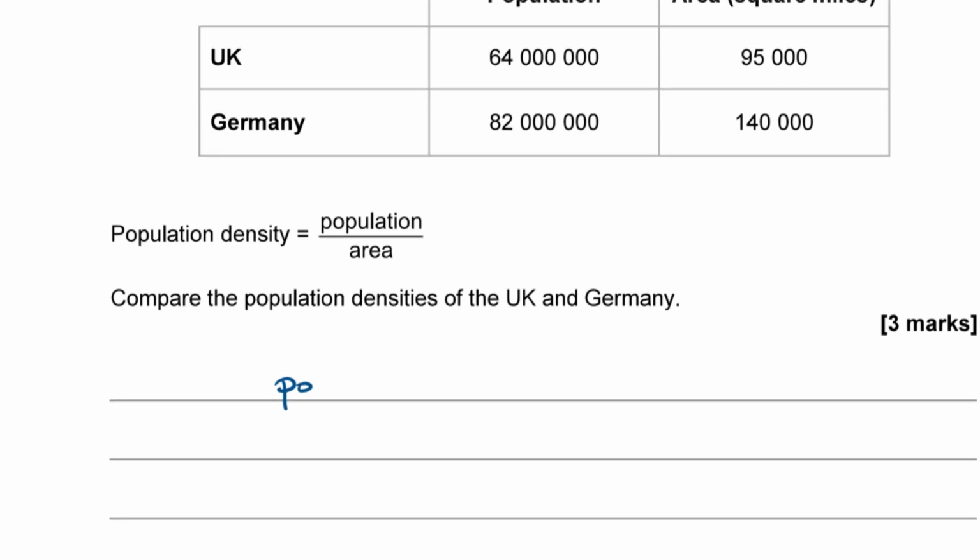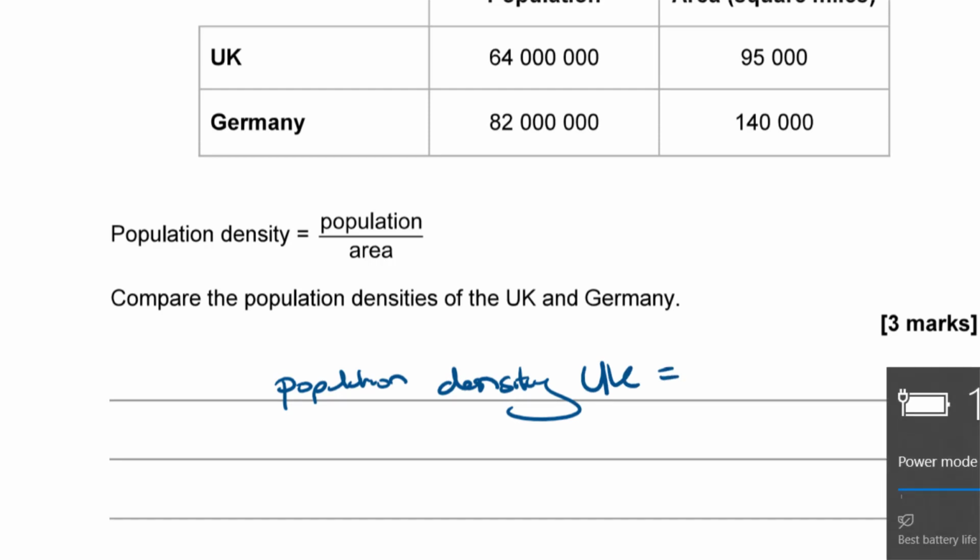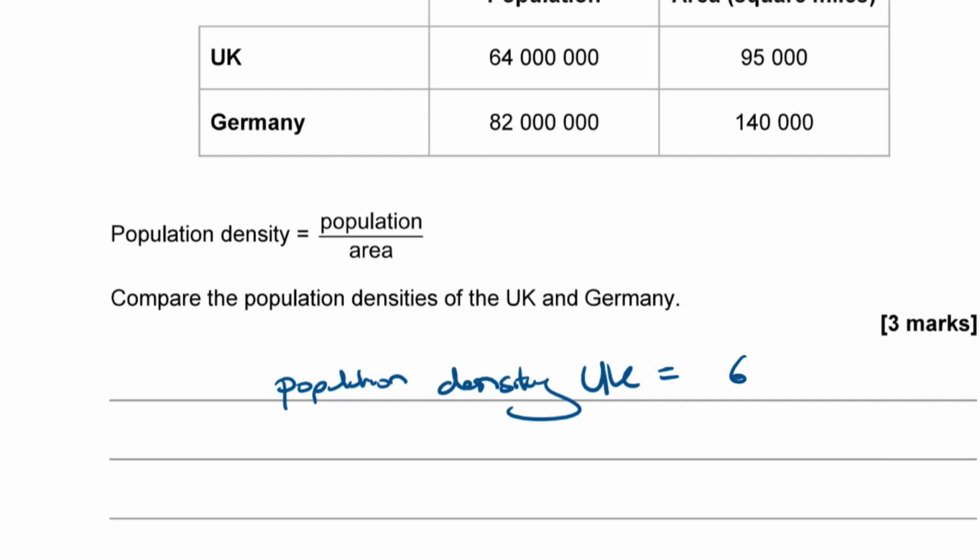So population density for the UK is going to be 64 million divided by 95,000. Okay, I'm just going to get rid of some of these zeros. Those three cancel out with those. So I've got 64,000 divided by 95. Just makes it a bit easier to type into the calculator.